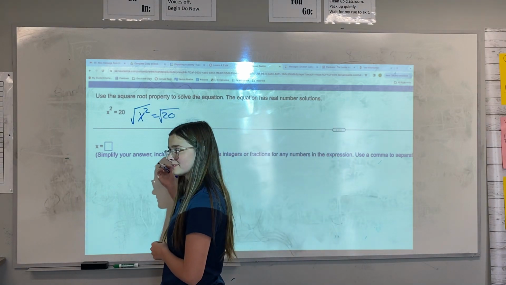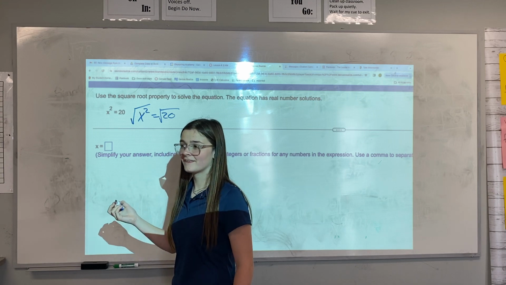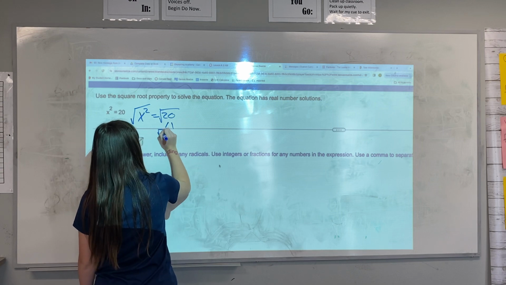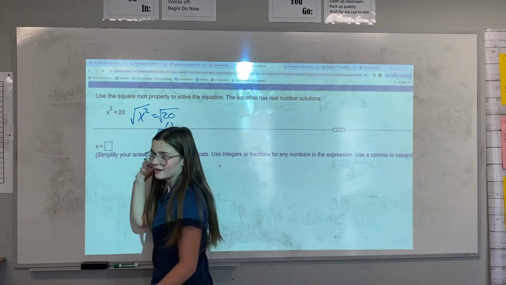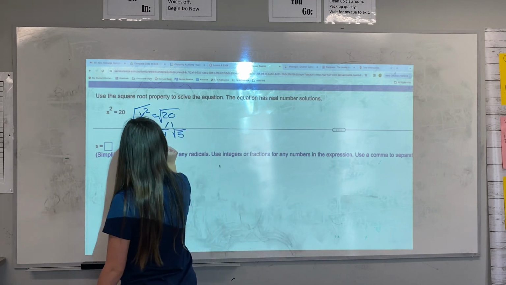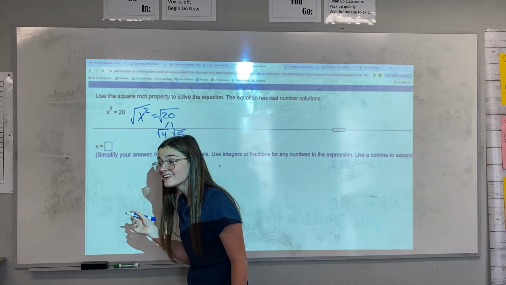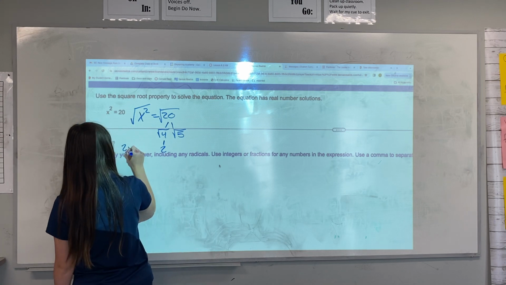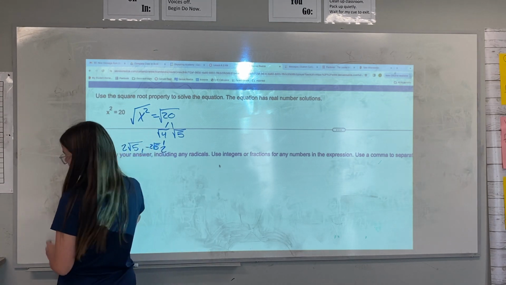Into? 4 and 5? Now, 4 goes into, how do you get negative what? 2 square root of 5. That's right, Abby. Very good. Rocking those radicals.